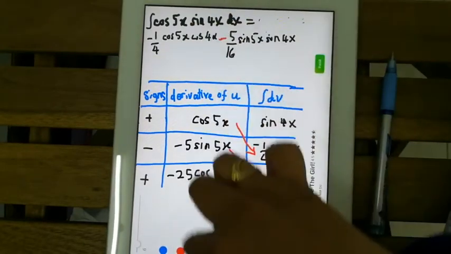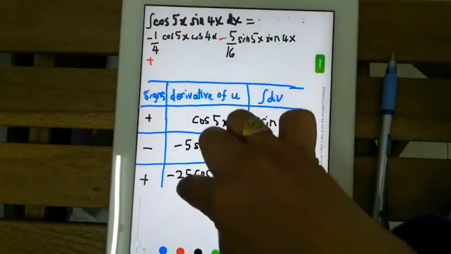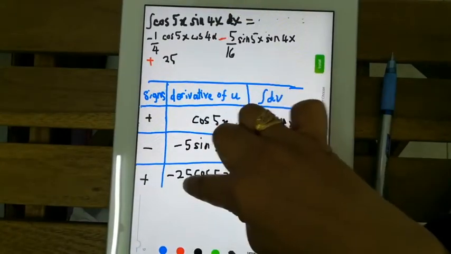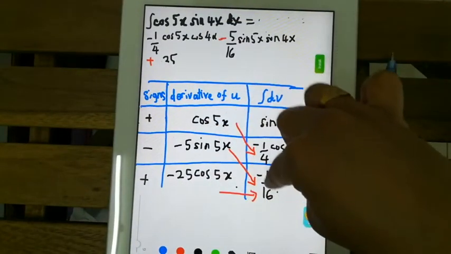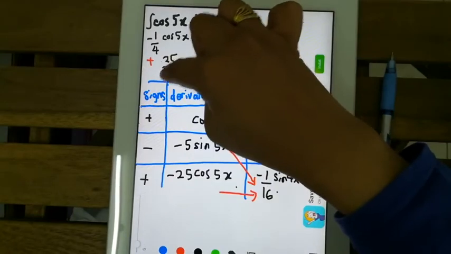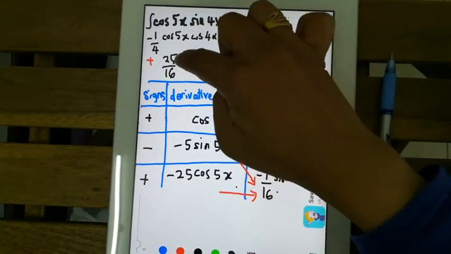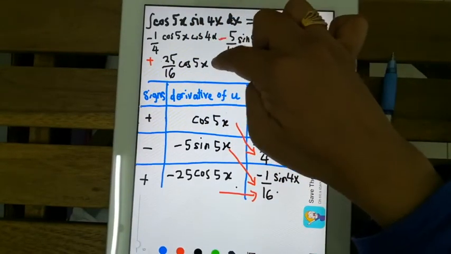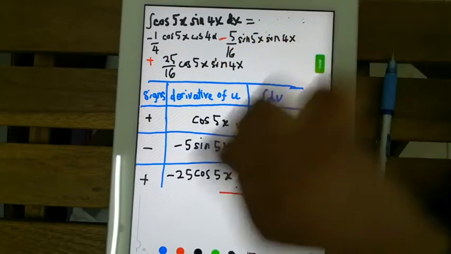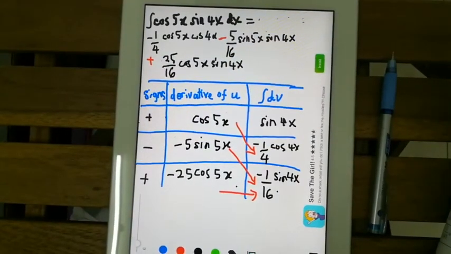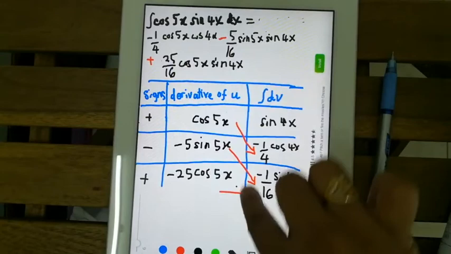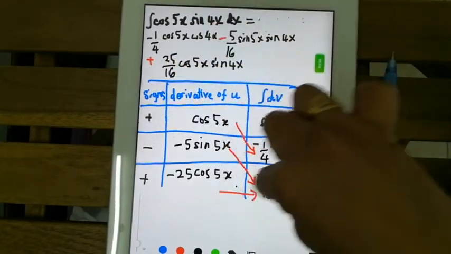And the last one is plus, minus 25 times minus 1 over 16, you'll get positive, cos 5x sine 4x. This one is an exception, the last term here.